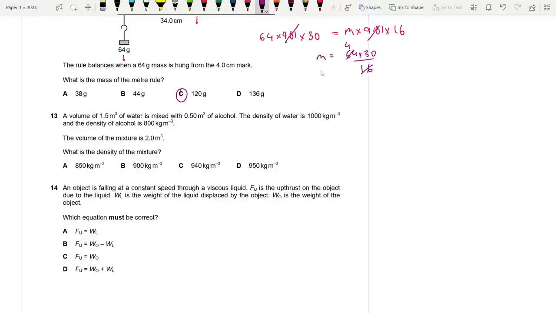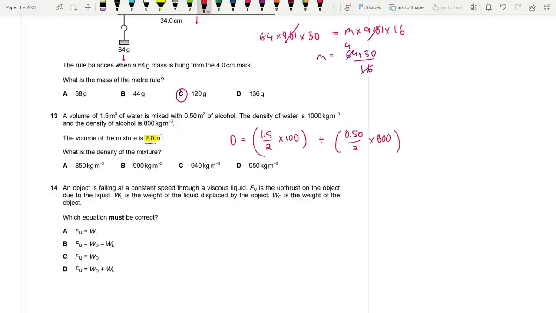Remember that density will be divided according to the ratio of the volume. The total volume of the mixture is 2 meter cube. So I think we should do this. The total density will be, for water, 1.5 divided by 2 times 1000, plus 0.5 divided by 2 times 800.